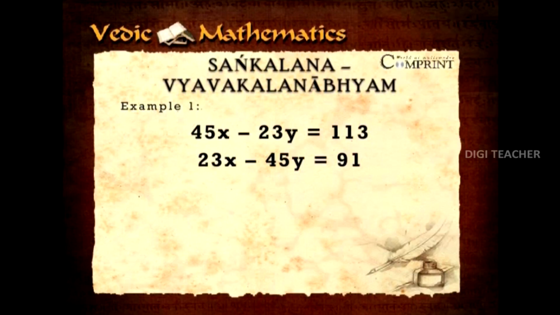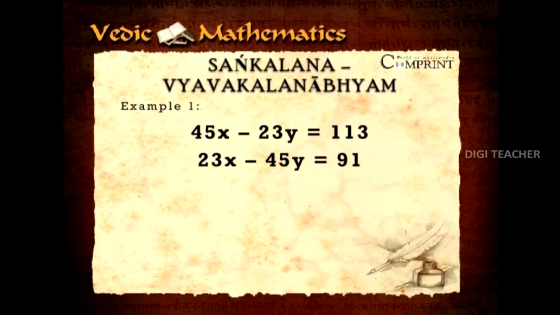Or we have to multiply equation 1 by 23 and equation 2 by 45 and then subtract to get the value of y, and then substitute the value of y in one of the equations to get the value of x.